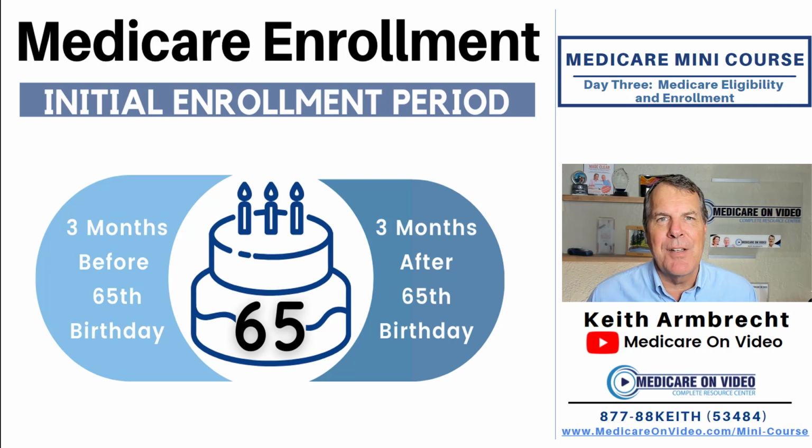Now, that sounds great, but that's really not in real world terms either, because you need to do everything in the 3 months before you turn 65 to have your Medicare start on the first of the month that you turn 65. So if you turn 65 on June 15th, your Medicare is going to start on June 1st. That'll knock people right off the bat to figure that one out.